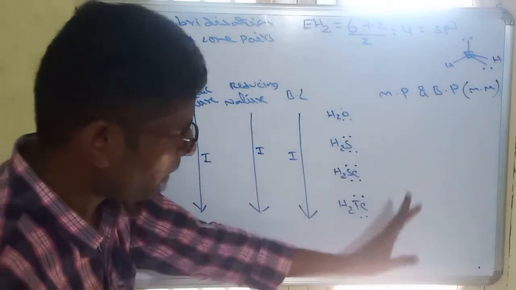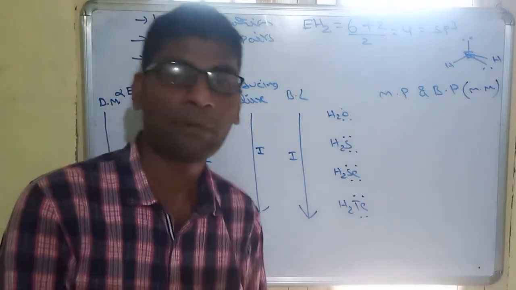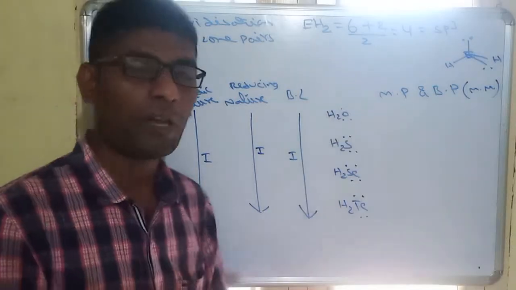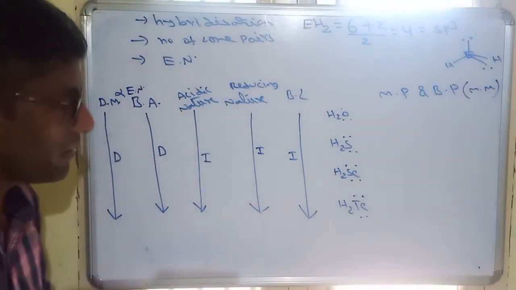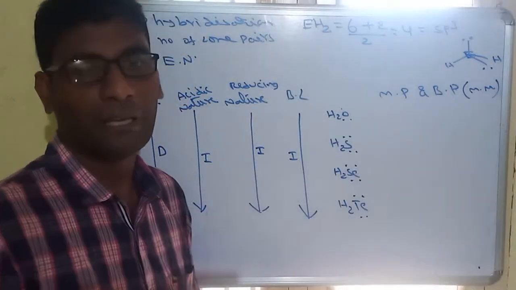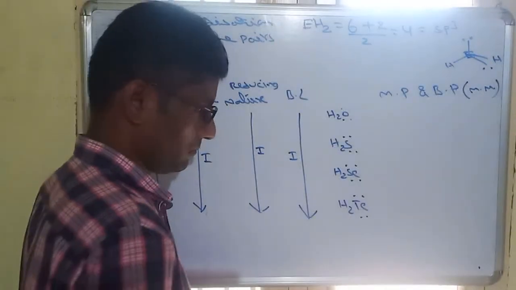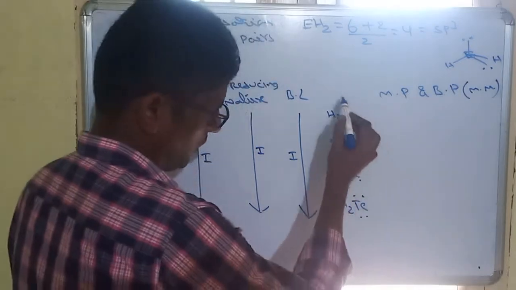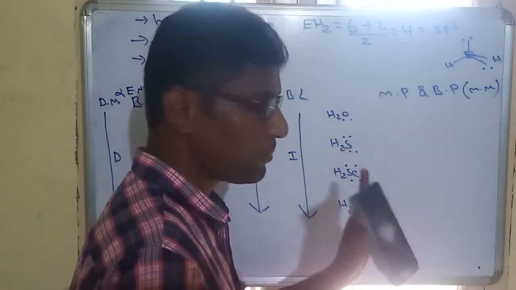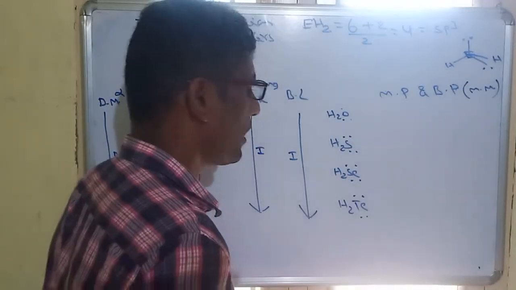When we move top to bottom, molar mass increases, so definitely boiling point and melting point will increase. So we expected H2O to be the lowest and H2Te the highest, increasing top to bottom. But here a little small change is there.